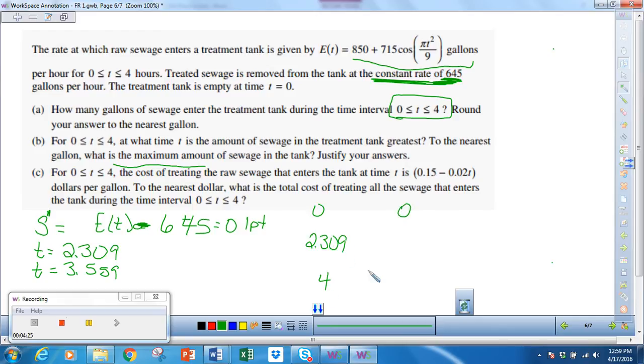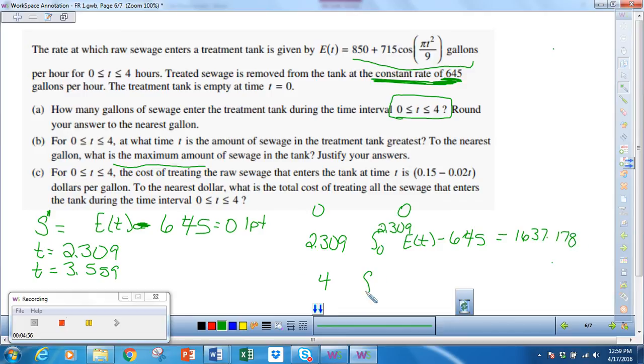So we know at 0, there's 0 amount in there. How do we find how much is in there at 2.309? Well, we would integrate from 0 to 2.309 of E of t minus 645. And that gives us 1637.178.